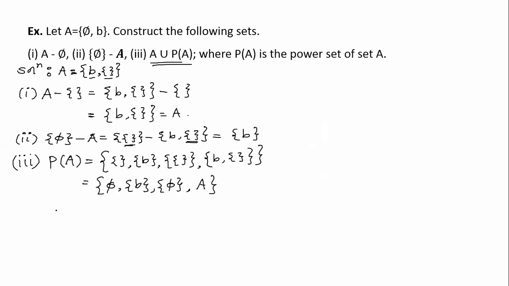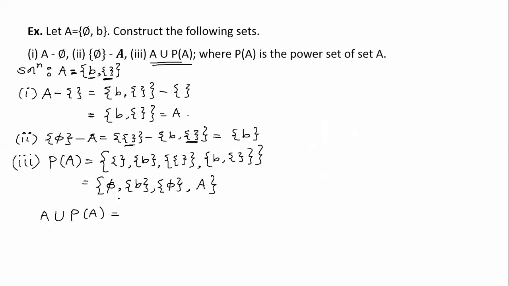Okay. And now, no hesitation. A union power set of A will be equal to power set of A. You can understand, A contains these two elements, the element B and a set, an empty set.